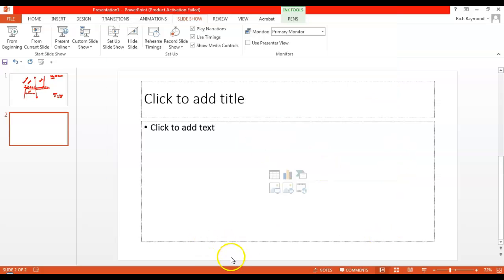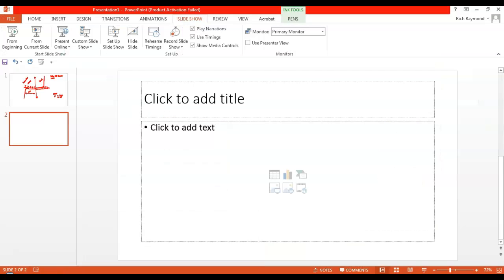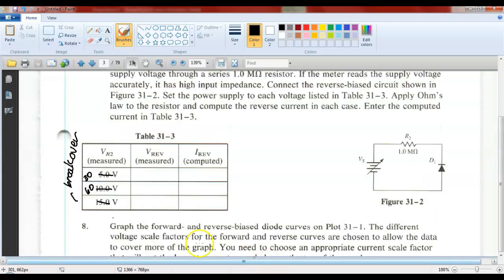So what we're going to do is come up here, and in your lab book you need to go ahead and make this correction. We're going to go across the resistor, 30 volts, 60 volts, and then whatever determines where it breaks over. What we're looking for is the reverse current to make a real fast change.